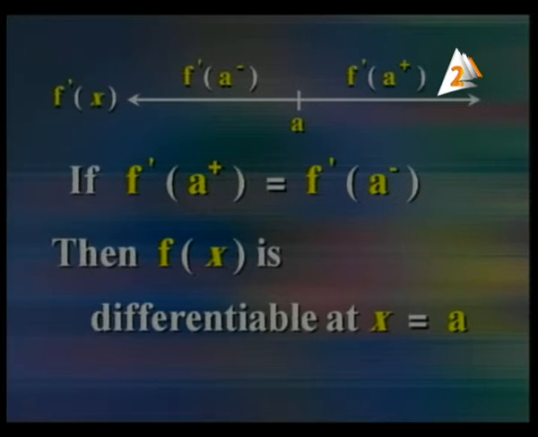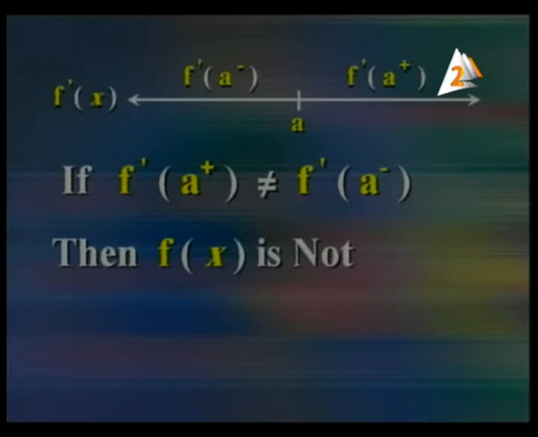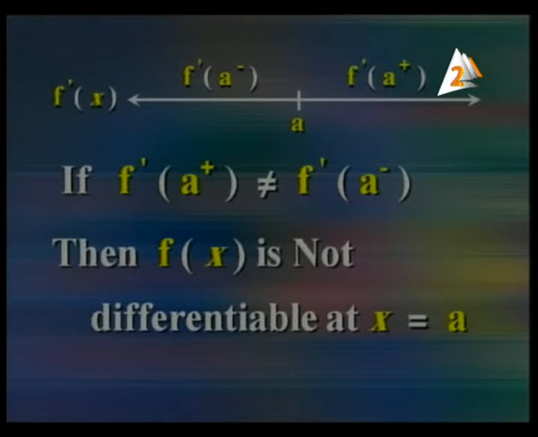If f dash a positive equals f dash a negative, then f of x is differentiable at x equals a. If f dash a positive does not equal f dash a negative, therefore f of x is not differentiable at x equals a.